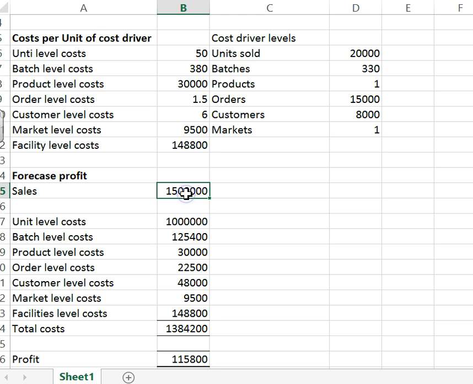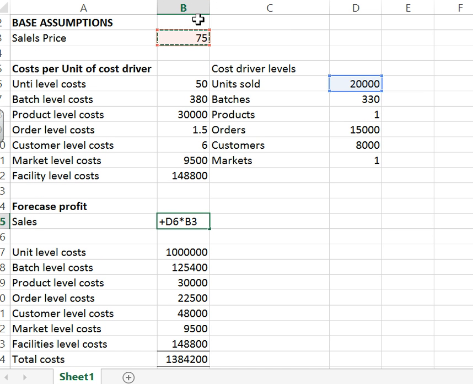Okay, so our sales is the units sold times the price, which is units sold times, and let's go up and get the price, 1,500.